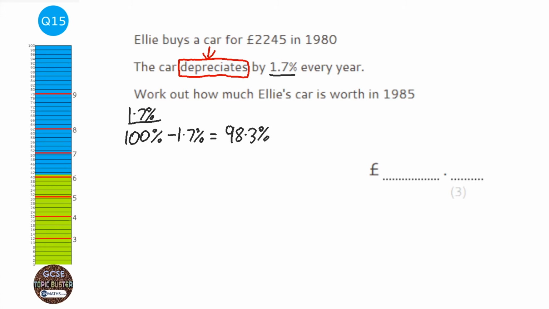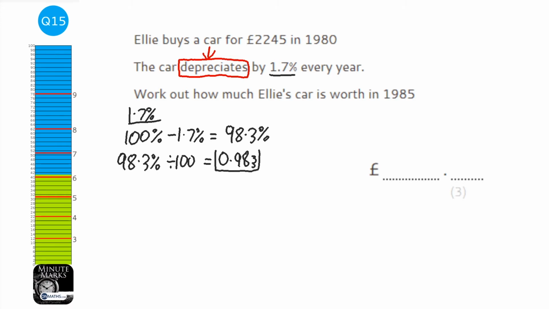Then you want to work it out as a multiplier. So you're going to do 98.3%. You just divide it by 100. And multiplier is a posh way of saying decimal. So 0.983. Now anytime I times something by 0.983, it will decrease it by 1.7%.